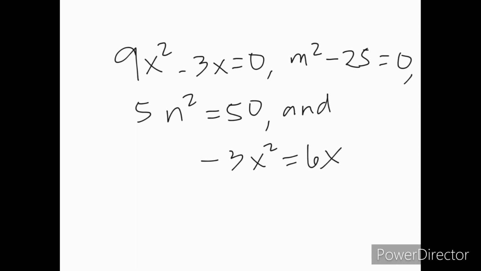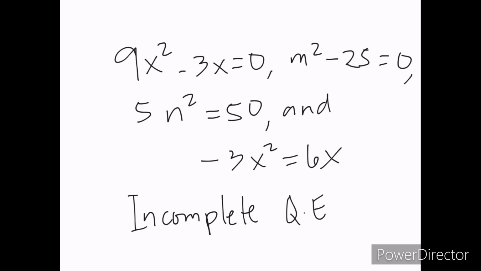These are examples of quadratic equations known as incomplete quadratic equations. When we say incomplete quadratic equation, it may not have a linear term or constant term, meaning there are only two terms, either quadratic and linear or quadratic and constant.